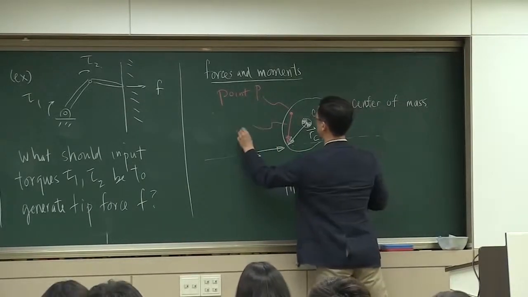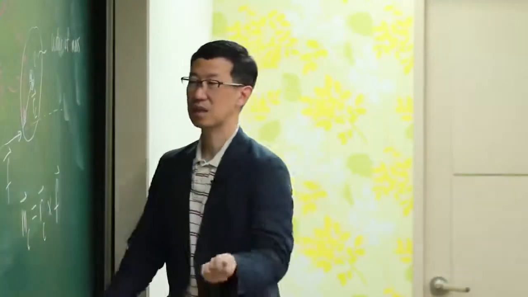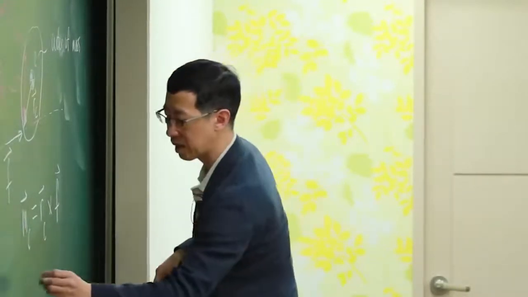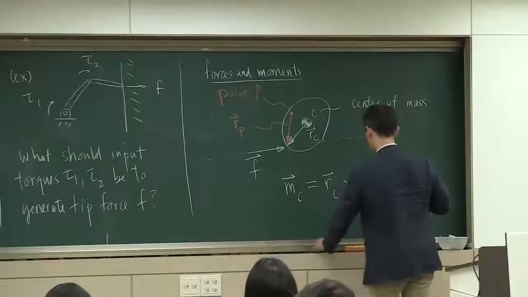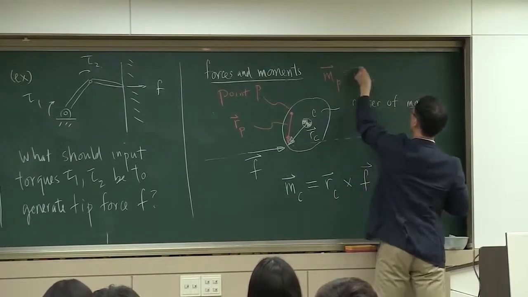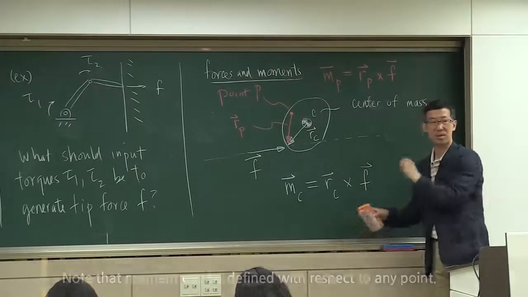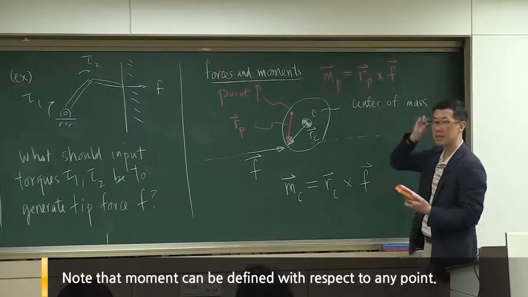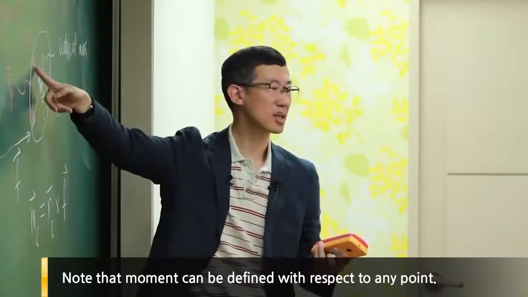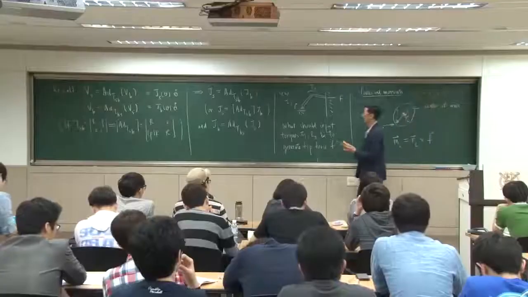Let me call this R sub P. I can similarly define the moment with respect to the point P: M sub P is R P cross F. The point I'll make here is that moments can be defined with respect to any point. The point can be a point on the object, it can even be a point anywhere else.